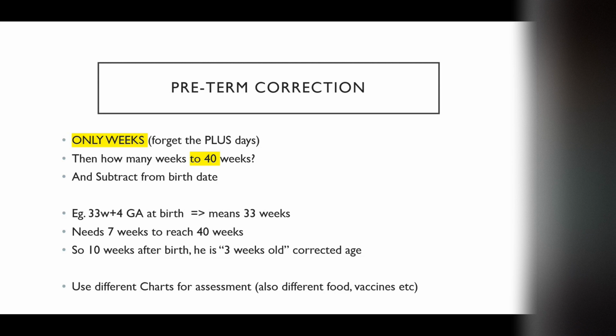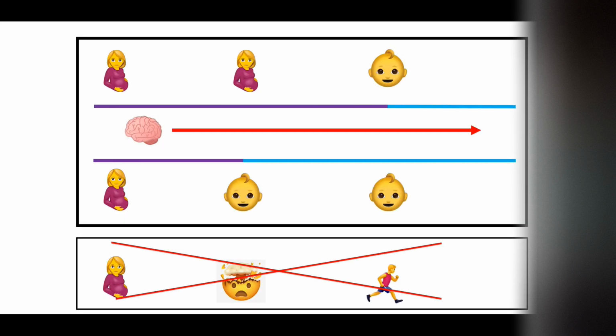This is important because we use different charts for assessments, different food for them, different vaccination protocols. Keep in mind that when you are pregnant, your brain develops in a specific way. It doesn't matter if you are still inside the uterus or if you are delivered, the brain will continue maturing in the same way.